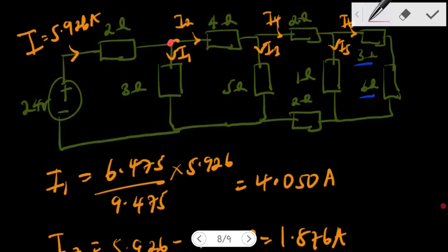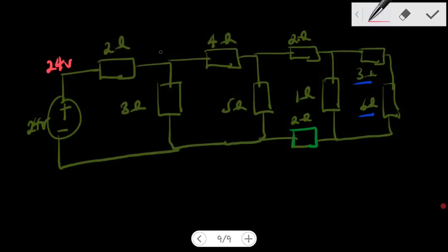Now, our 24 minus this answer would give us 12.148 volts at that point.